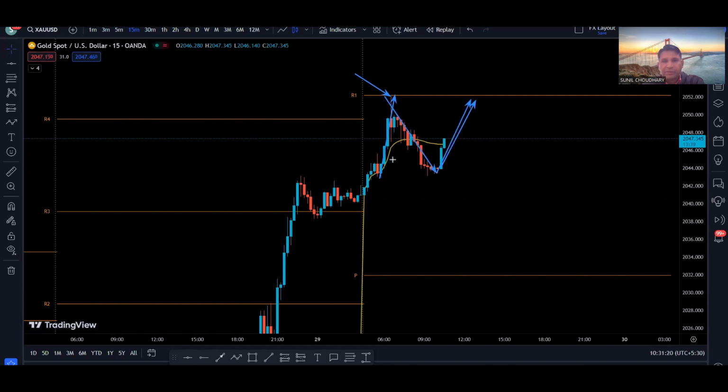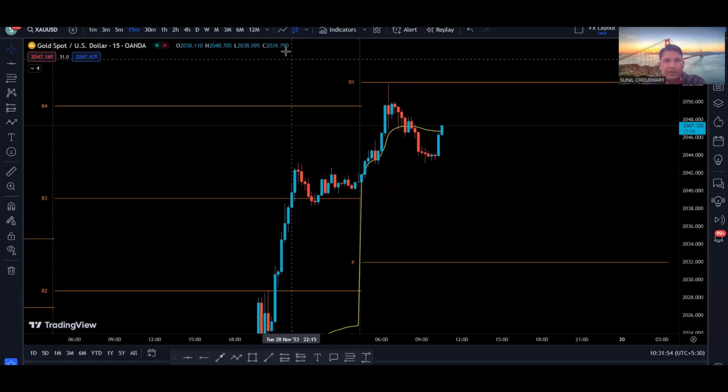If we get a double top in an uptrend where we should be making higher highs and higher lows, it means the price doesn't want to go up, and there may be potential for the price to go down. In that situation, once we get some kind of double top, I'll be looking for a trading opportunity to sell gold in order to target this pivot line, which is a potential support. So that will be something for selling.